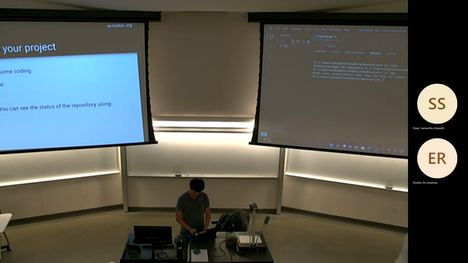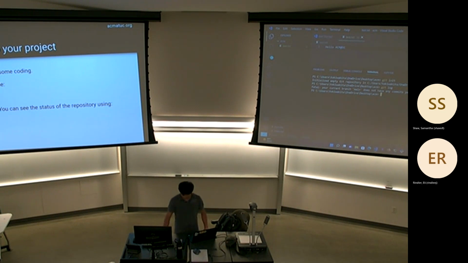I'm going to call it test.txt. And if you check the git status, it's going to say there's a new file. There's no commit yet, but there's a new file.